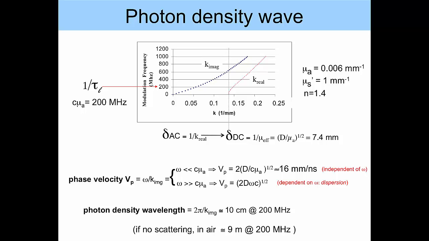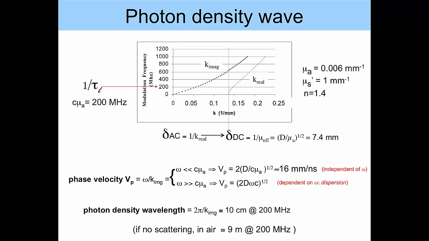So this mathematical behavior allows us to predict where the wave is penetrating in depth in the tissue. Now, most of the time, we're working just around this dispersion regime, where we start to see some nonlinearity, and the DC penetration depth and the AC penetration depth are quite comparable. But if we can go up to high enough frequencies, we can actually separate those two.